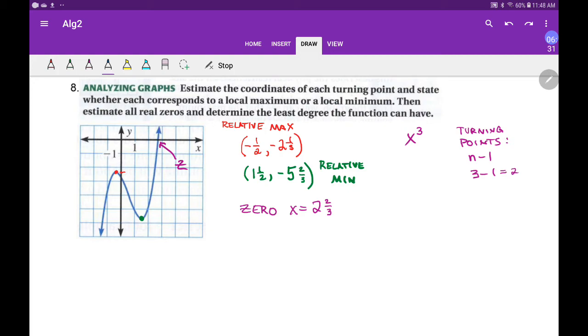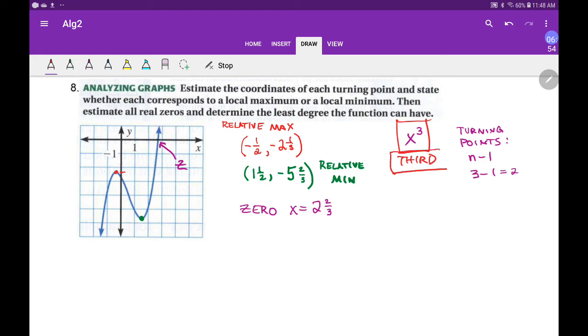And also, you have to think about, what if the x-axis were down here, and I hit here, here, and here? So that's definitely, it could have been 3 points. It just wasn't because of where the graph was. So you know that it's at least third degree.